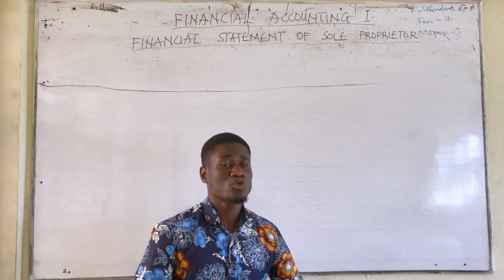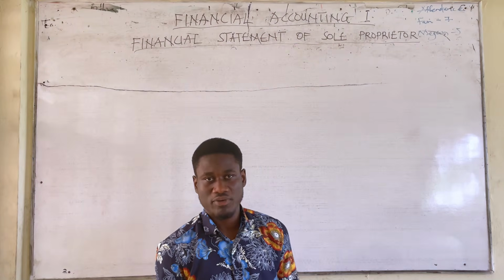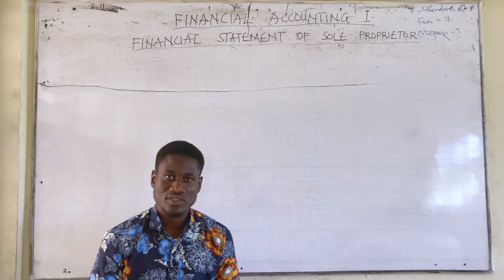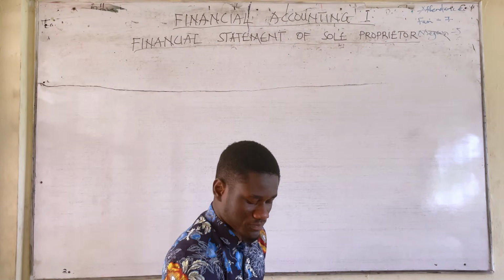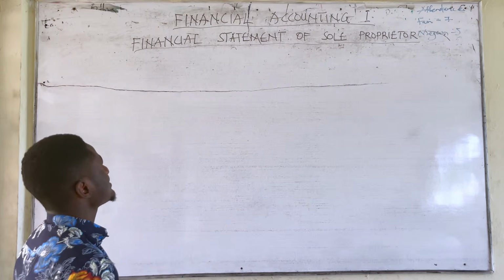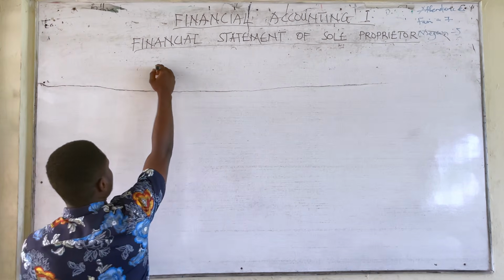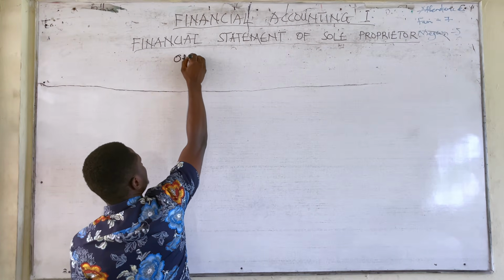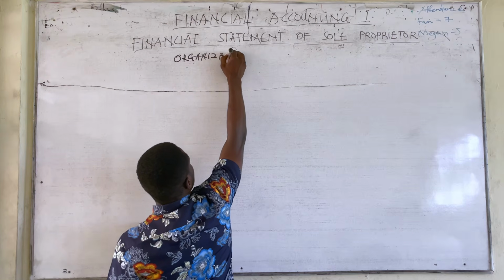Good. So now we'll dive into the format for the profit and loss or income statement. Then we'll dive into the format for what? Statement of financial position. So with the profit and loss, you write your heading, the organization's name.